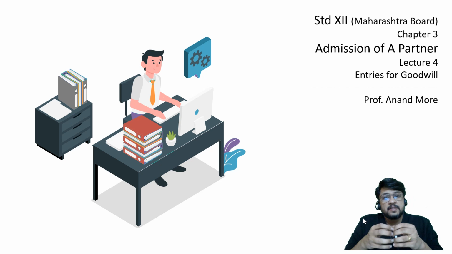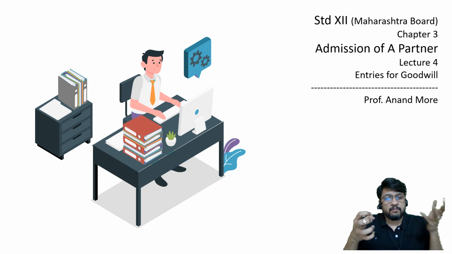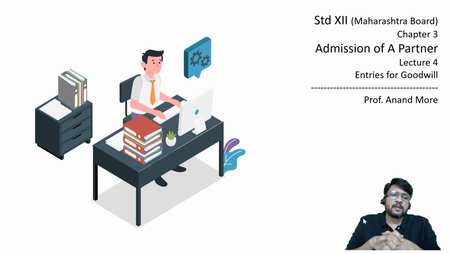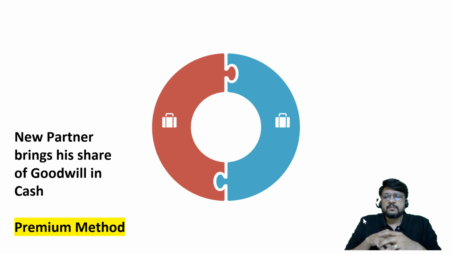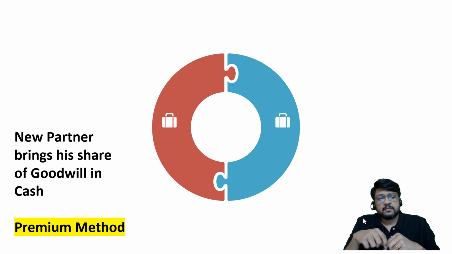Now let us understand how to use two different things, value and the ratios, and ultimately create the accounting entry from the same. For that purpose, the treatment of goodwill can be considered in basically two different ways. Number one, when the new partner is bringing his share of goodwill in cash, I call it the premium method.